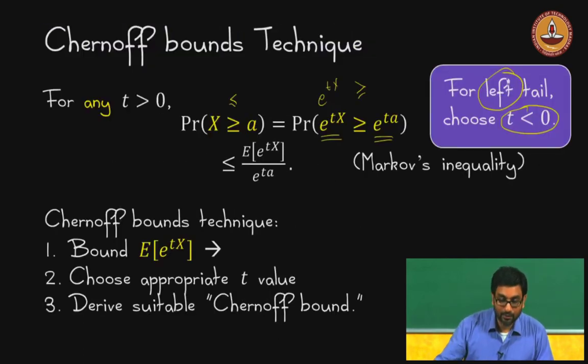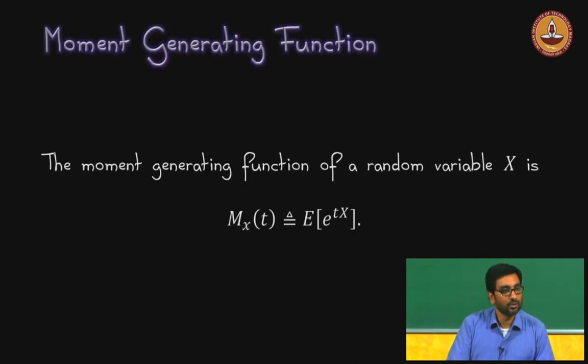So, just to recall, now we have to worry about this expectation of e to the t x. And as it turns out, that fits very nicely with a well known notion called the moment generating function. What is the moment generating function of a random variable x? It's exactly what we want.